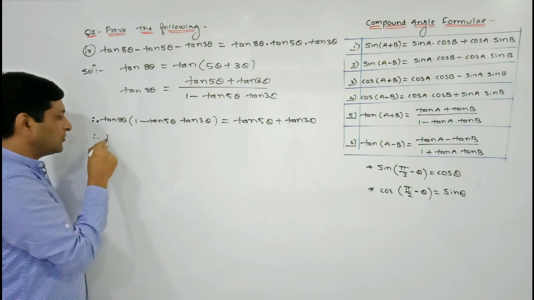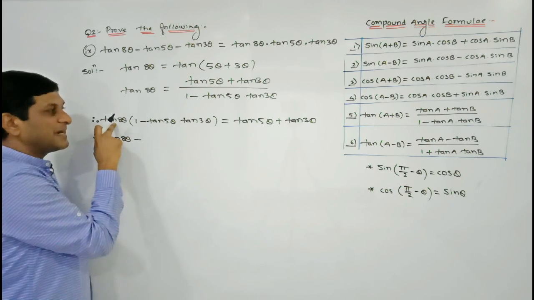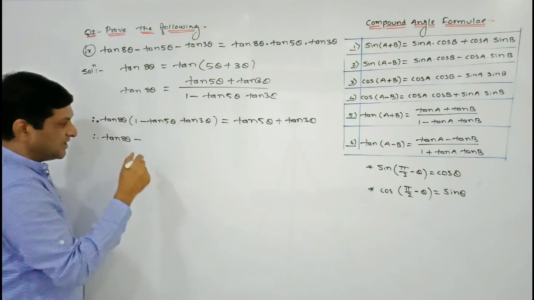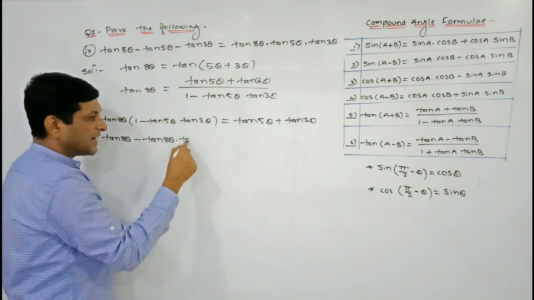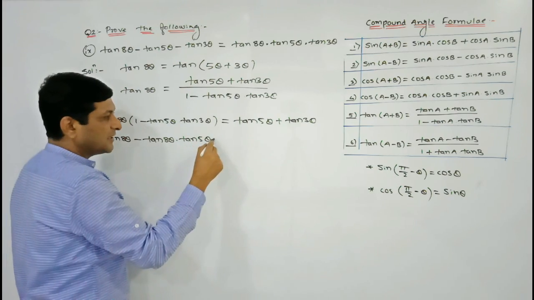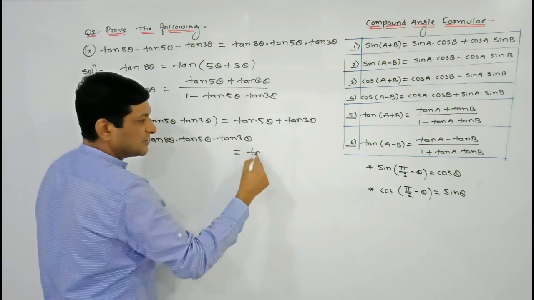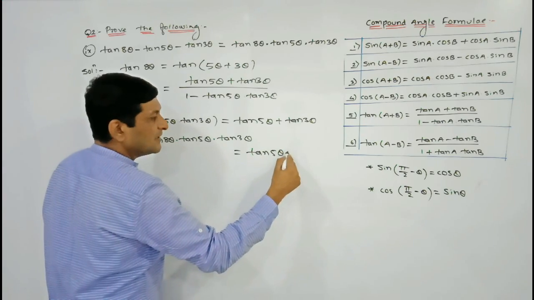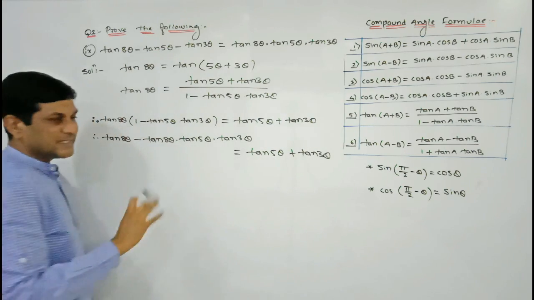Tan 8θ into 1 will be tan 8θ, minus tan 8θ multiplied by the second term, which gives tan 8θ into tan 5θ into tan 3θ, and on this side the remaining term is tan 5θ plus tan 3θ, isn't it?